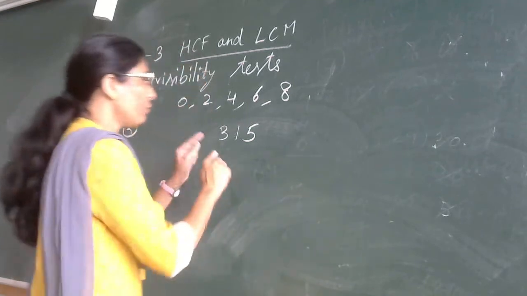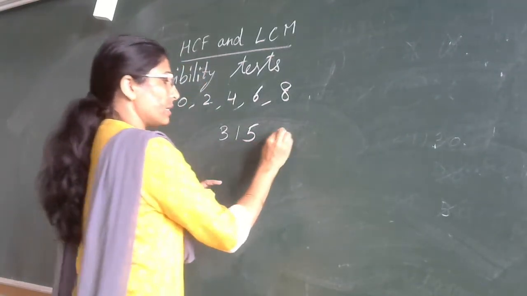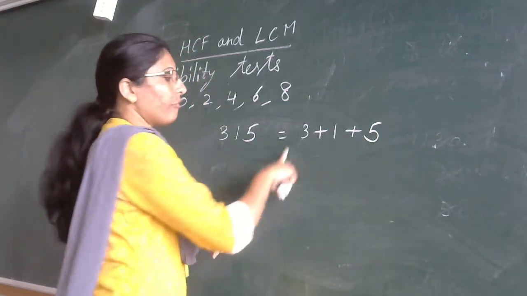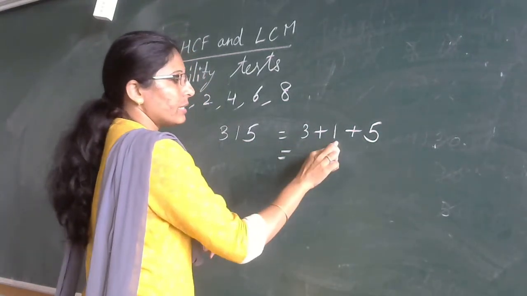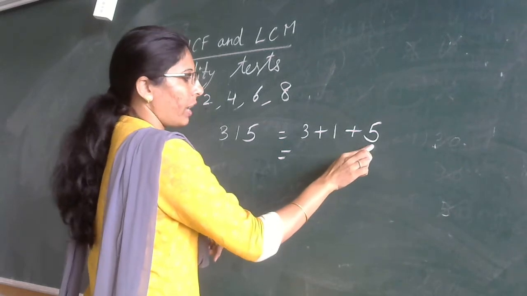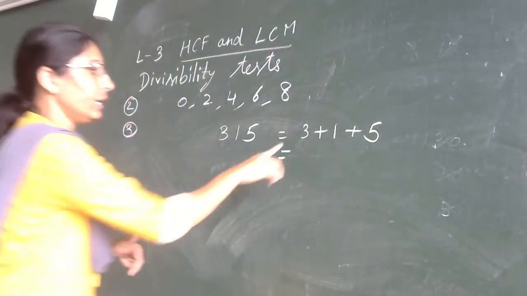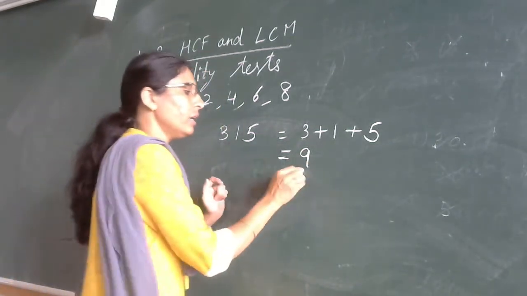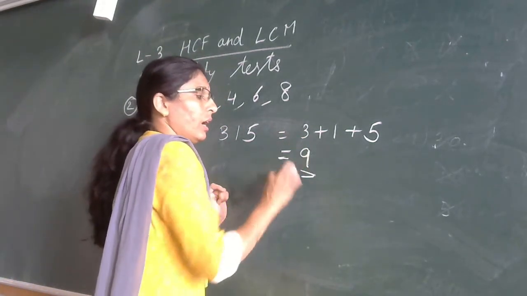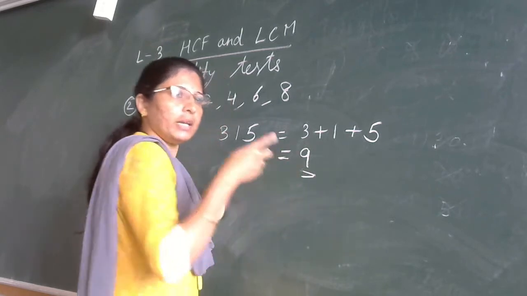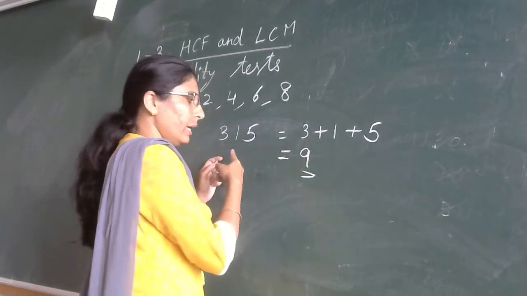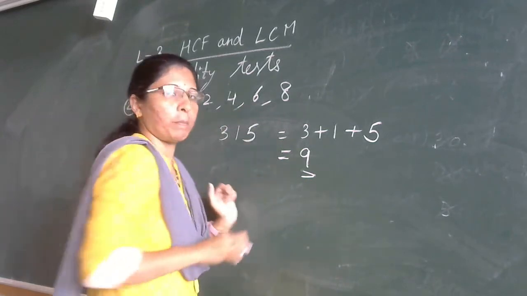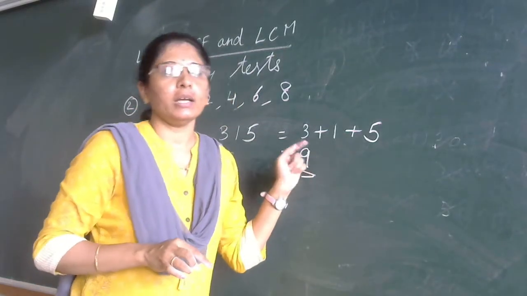So for that, what we have to do? We have to add the digits. 3 plus 1 plus 5. After adding, what we get? 3 plus 1 is 4, 4 plus 5, 9. So 9 here. 9 will come in 3 table, it is divisible by 3. So this full number 315 is divisible by 3.